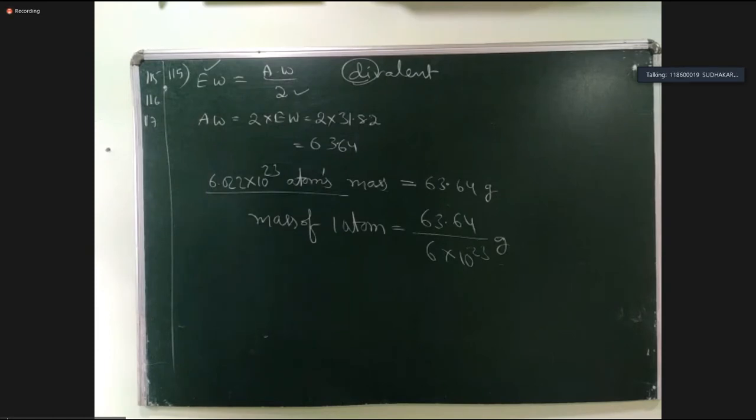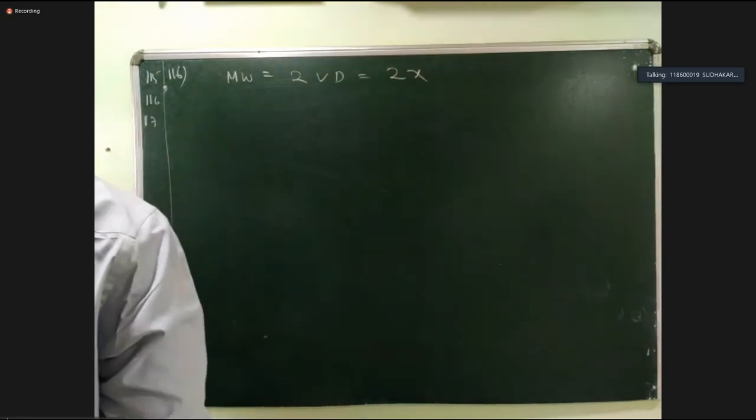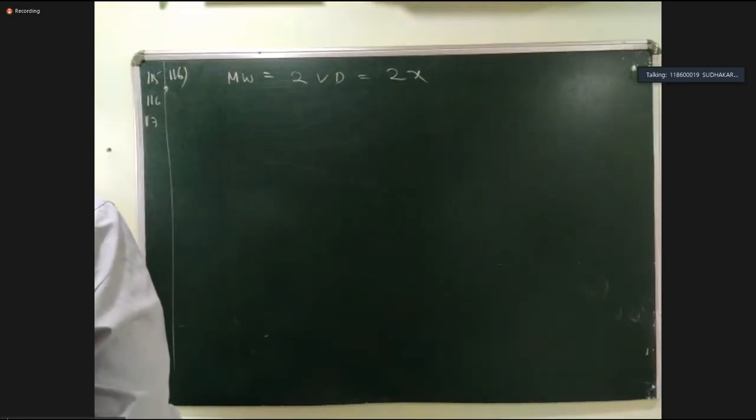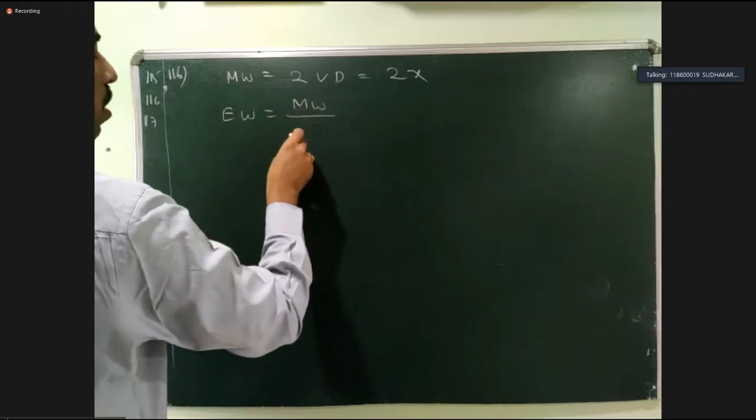Next one, 116. The vapor density of a tribasic acid is X. The equivalent mass of that acid is: molecular weight is equal to 2 into vapor density, so that is 2X, because the vapor density is given as X. Then the equivalent weight is equal to molecular weight by n factor.